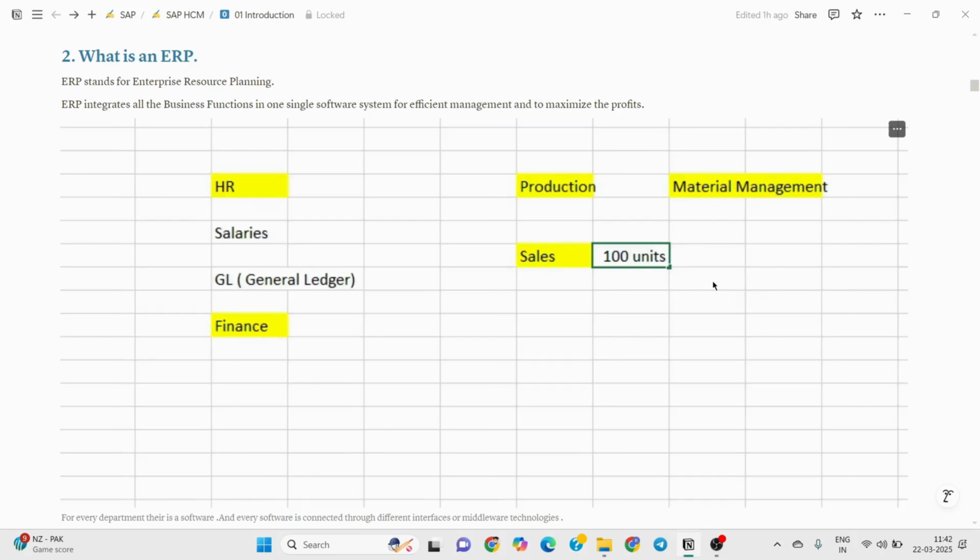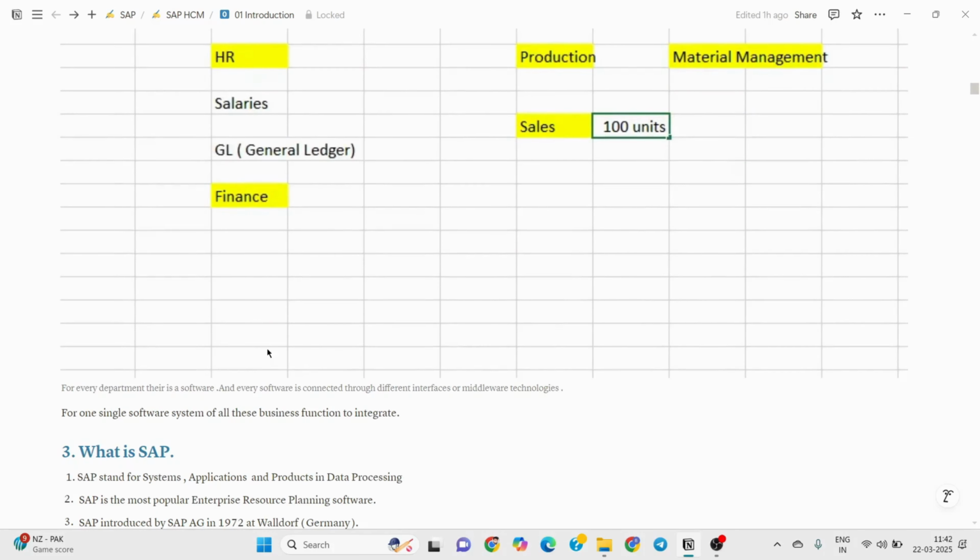Oracle provides ERP. Because for managing any company ERP is required, and it is provided by different companies, different vendors. In ERP every department has a software, and every software is connected through different interfaces or middleware technologies. That is ERP.